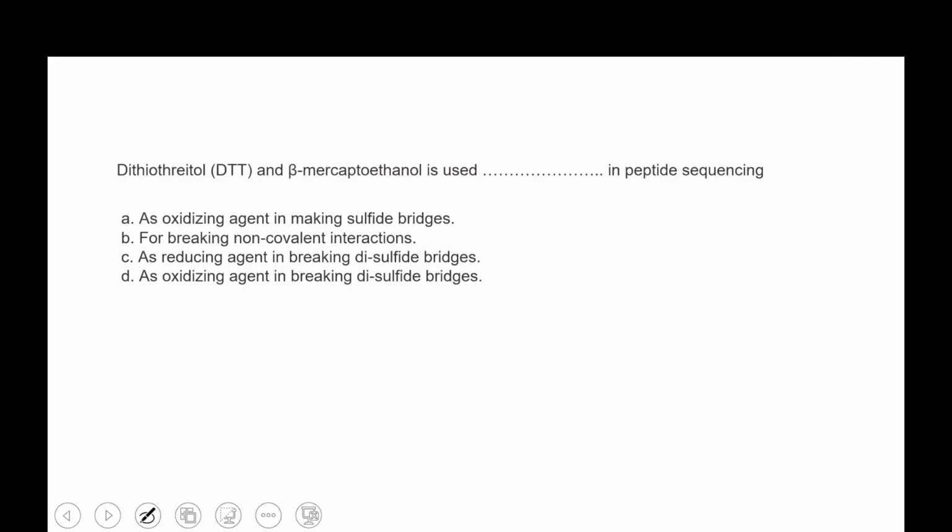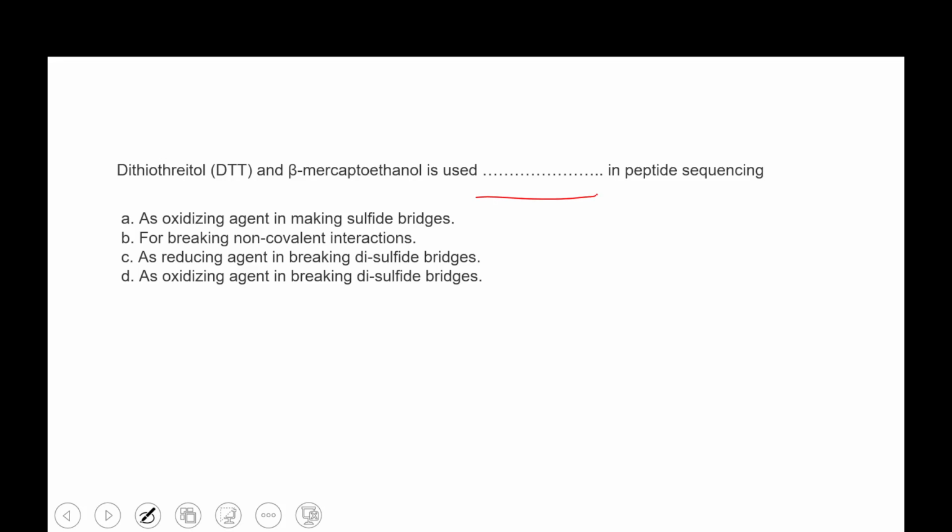Next we have dithiothreitol, DTT, and beta mercaptoethanol. What are they used for in peptide sequencing? So DTT and beta mercaptoethanol, everybody must have heard. For what purpose have they been used?